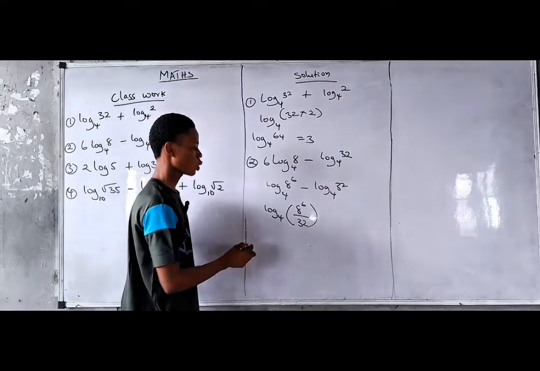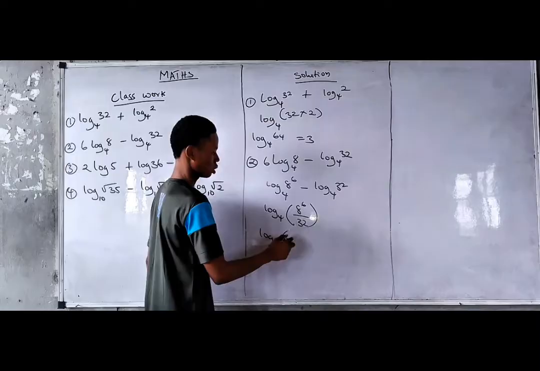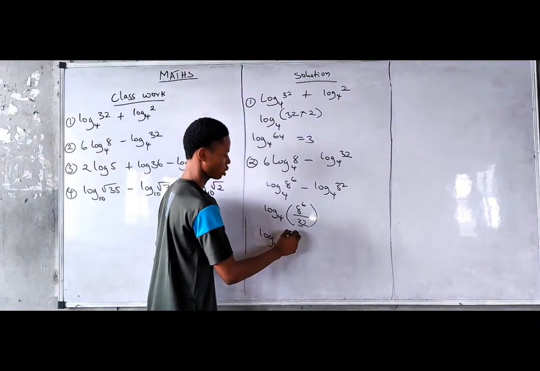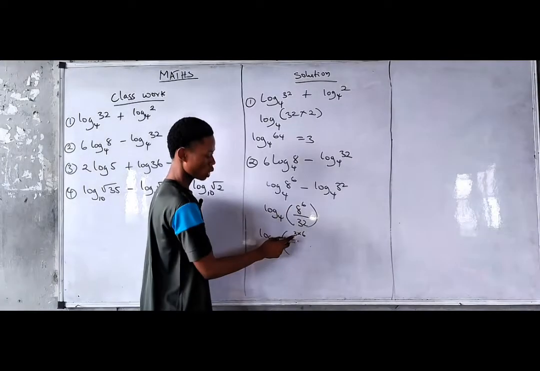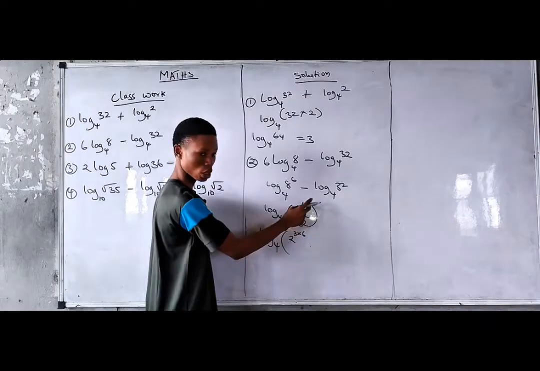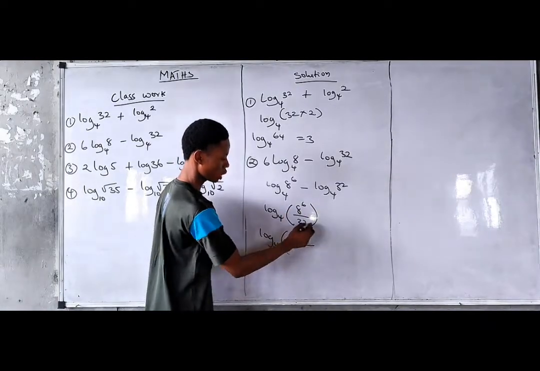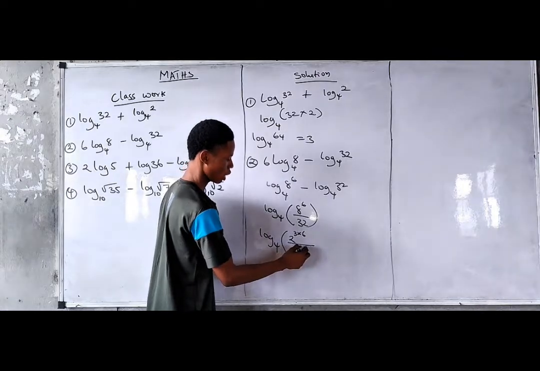If you don't want to stress yourself too much from here, you can just say log 4 brackets is 2 raised to power 3 times 6. Is it not? 8 is the same thing as 2 raised to power 3, right? 2 raised to power 3 will give me 8, times 6, all over 32 is 2 raised to power what? 2 raised to power 5, right?